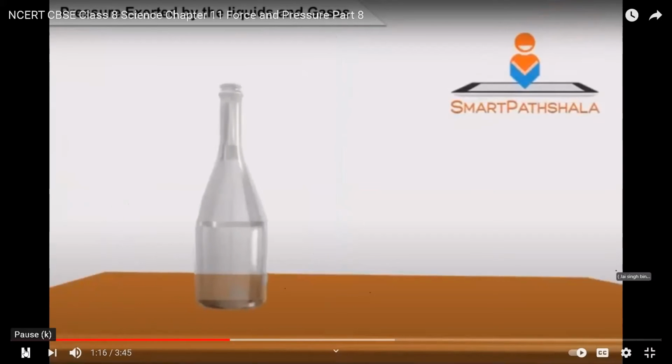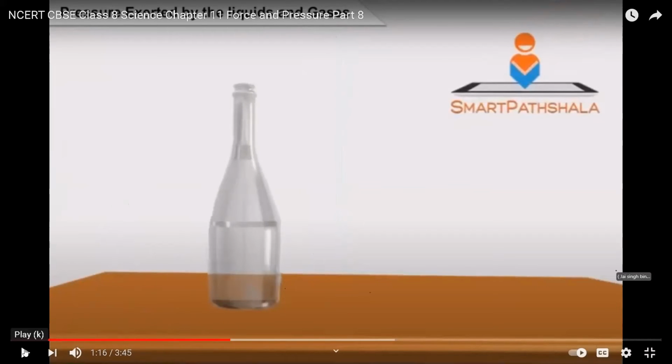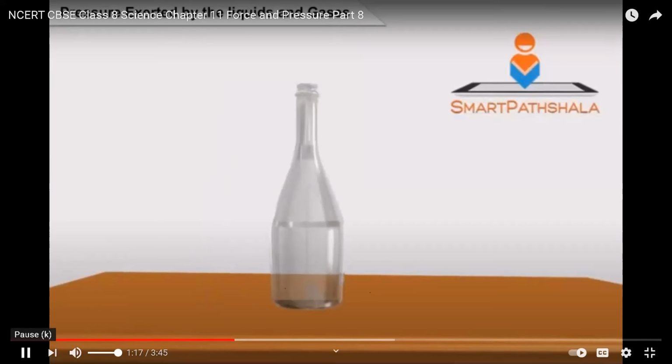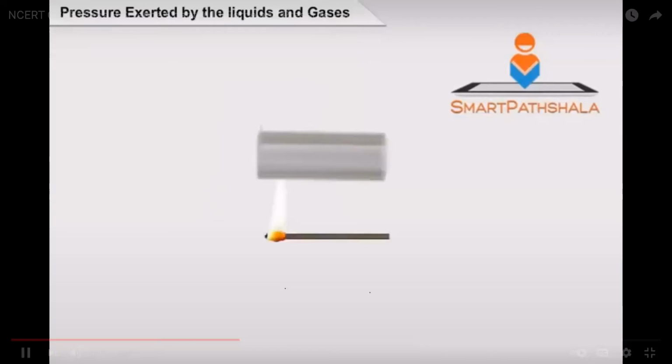Now let us do another activity, the next activity. For this, we will take a plastic bottle and remove all water from it. Take a glass tube and heat it slightly, and insert it near the bottom of the bottle.